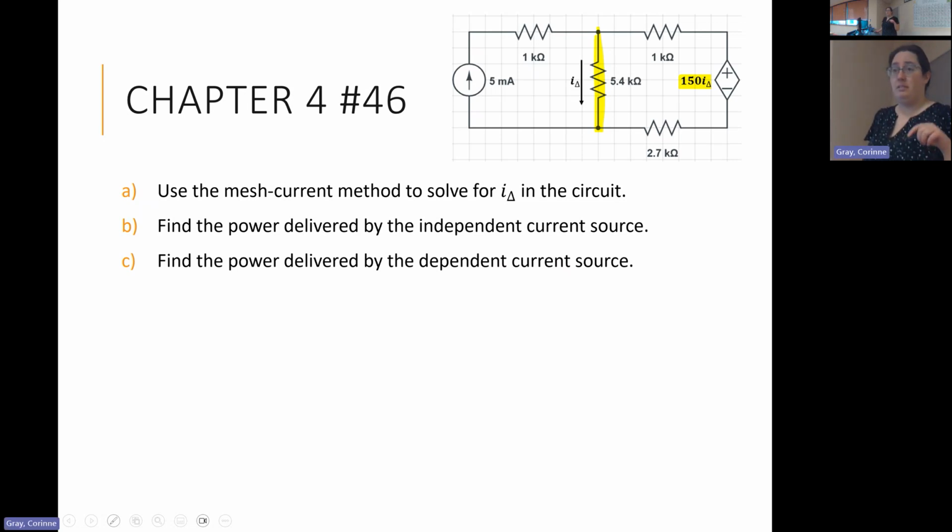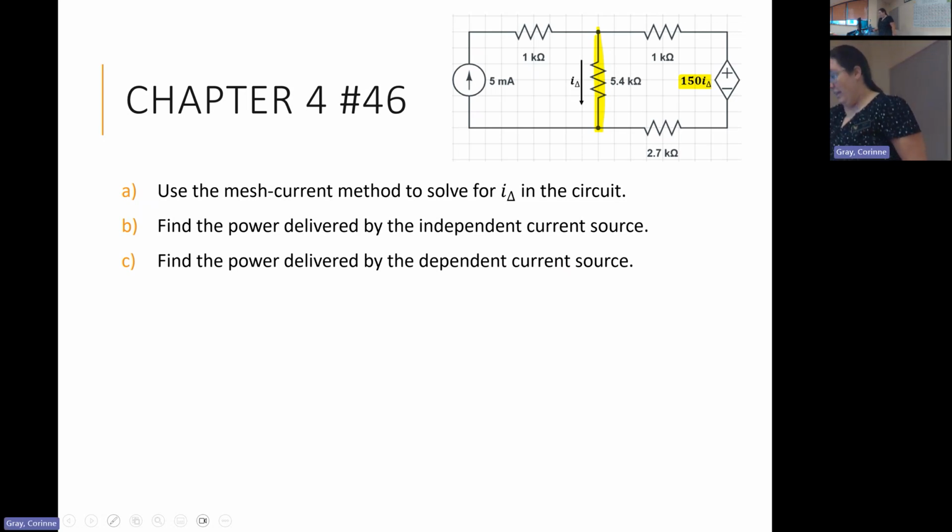I delta is labeled here, so we can't change that, but we can choose clockwise or counterclockwise. So who would like to look at clockwise loops or currents? I'd like to do counterclockwise. Of the three of you, 2 voted clockwise, so we will do that.